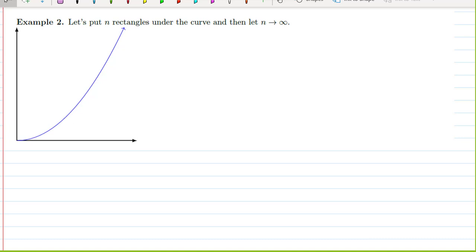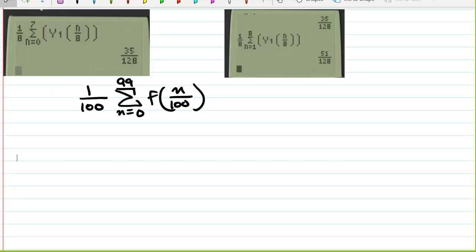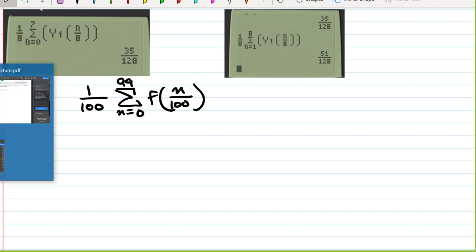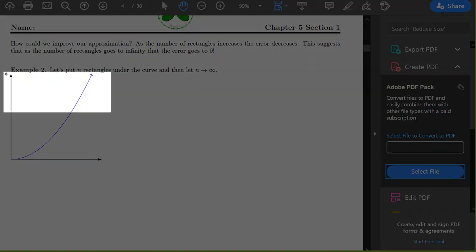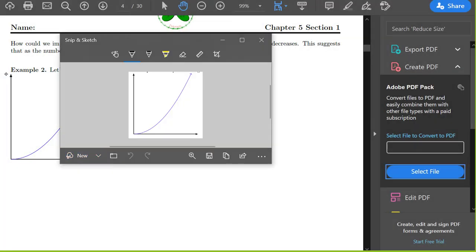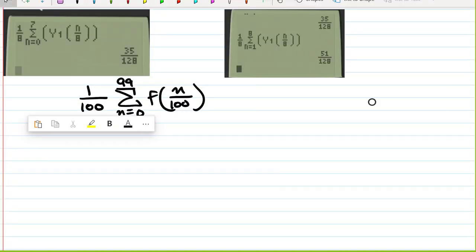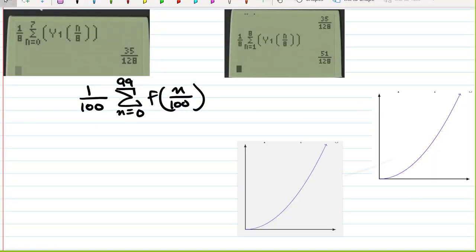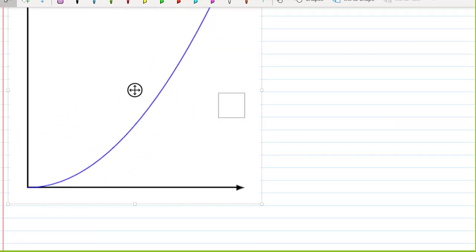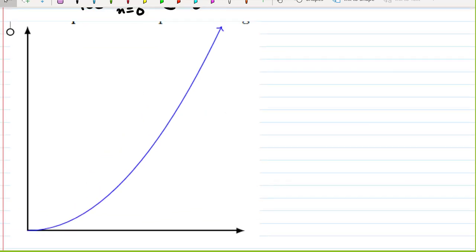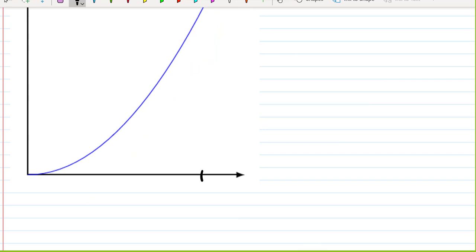I want a bigger graph, so I'm going to recut this. So our idea is to do the same thing that we just did, but now we want to do it here.